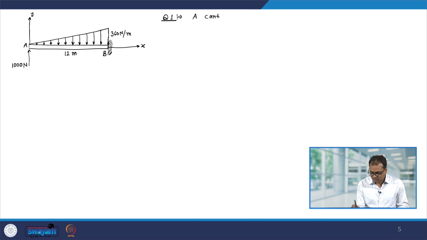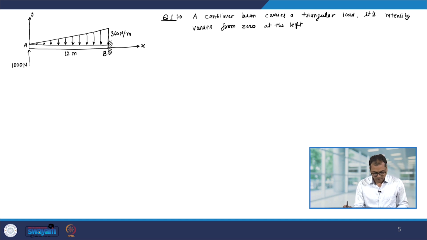A cantilever beam carries a triangular load and its intensity varies from 0 at the left end to 360 Newton per meter at the right end.